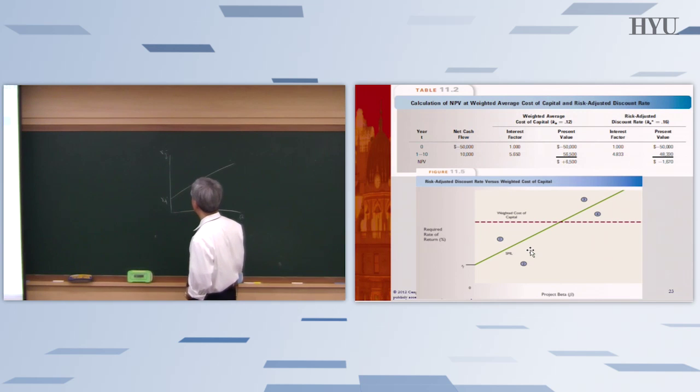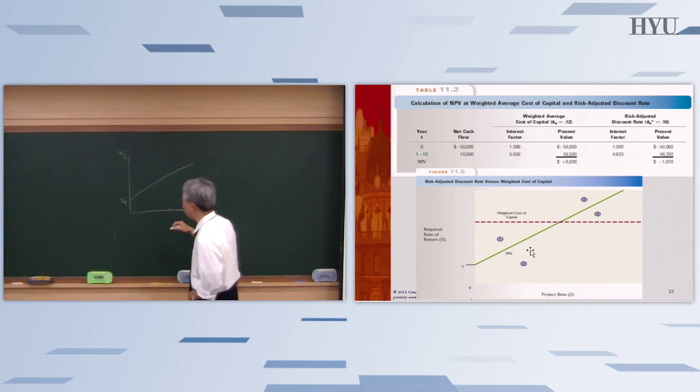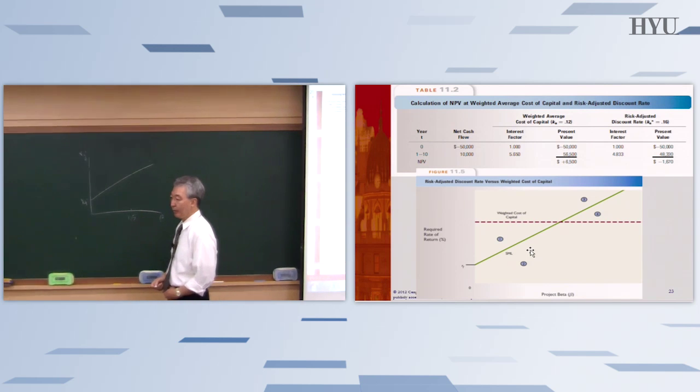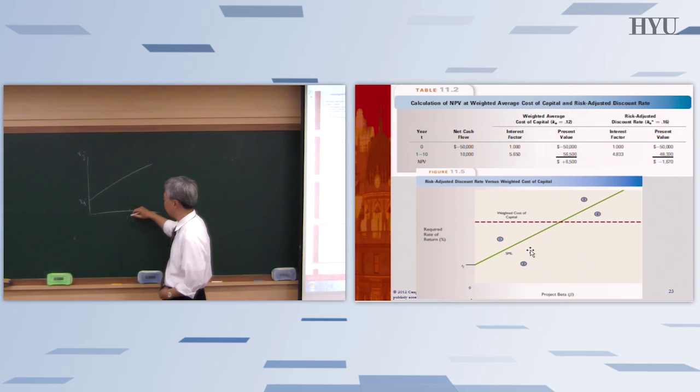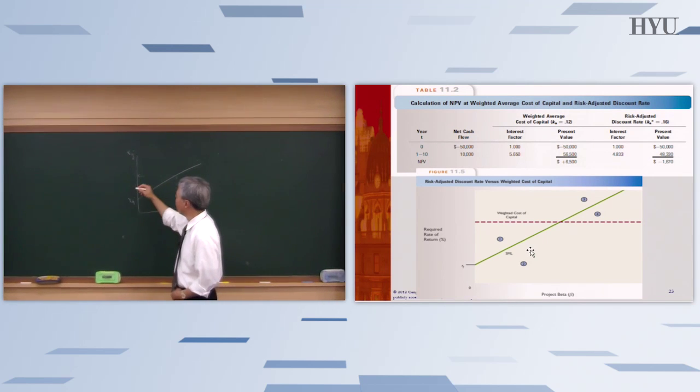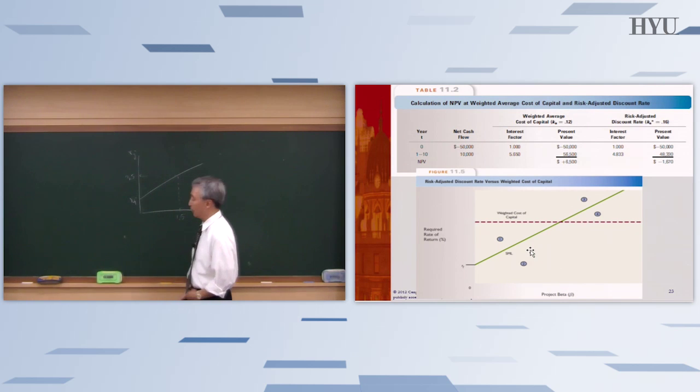So if you have a certain level of beta, let's say 1.5, for this particular investment or stock which has market risk of 1.5 in beta, we can calculate the required rate of return. Let's say that comes out to be 3.5% annual return.